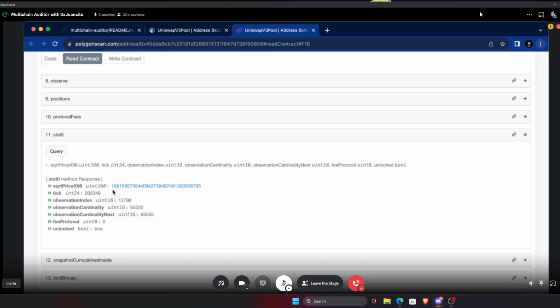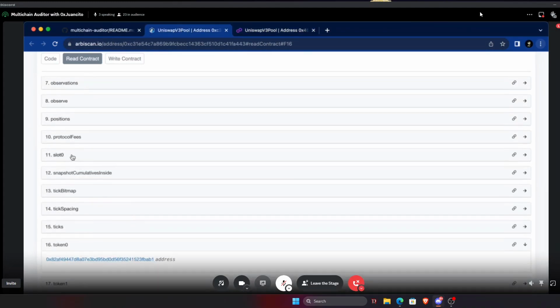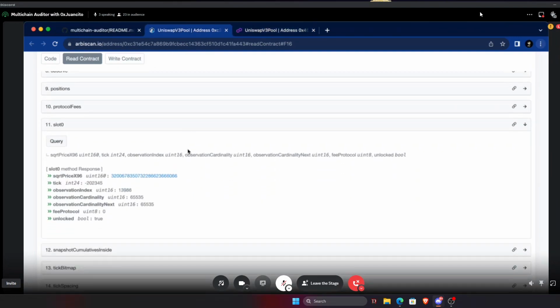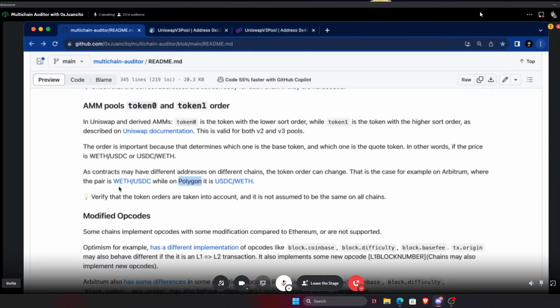And we see the price is this huge number. And if we go to Arbitrum, we can check the same price and it will be completely different. And we can see it also has a lot of decimals in differences. And this is because of the reason we said: it's doing how many wrapped Ether are per USDC, and the other one is doing how many USDC per wrapped Ether.